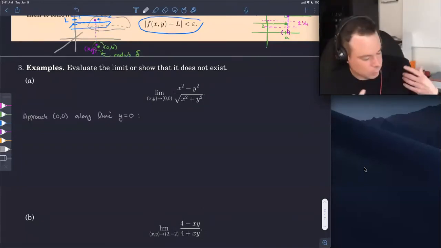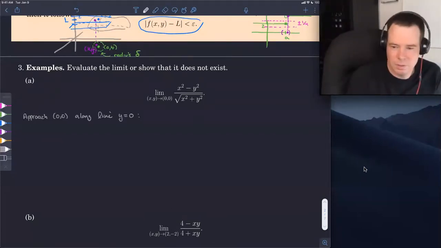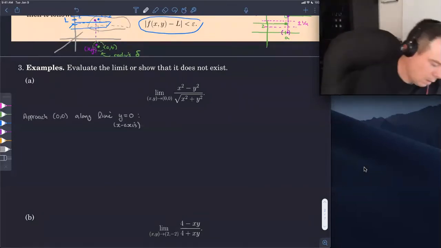To have our x, y values go to 0, 0 means that we want to get closer and closer to 0, 0 and see what happens to our function. So what we could do right off the bat is just pick a direction, come along the line y equals 0, or in other words, the x-axis. If I'm coming along the x-axis, then I plug in x for x and 0 for y.